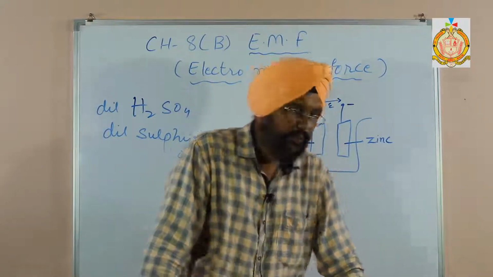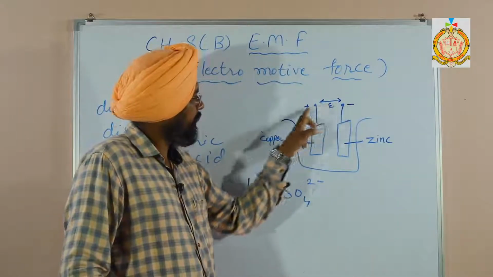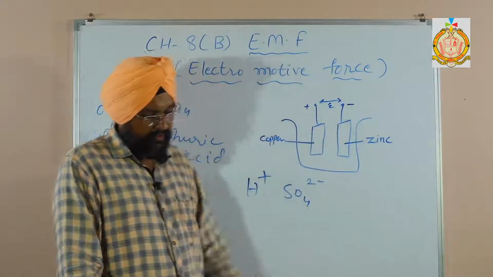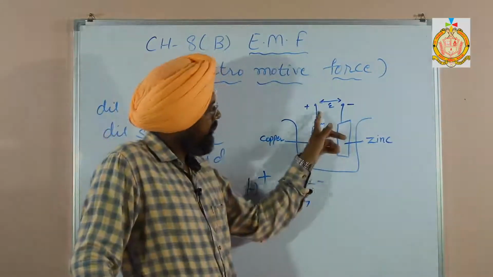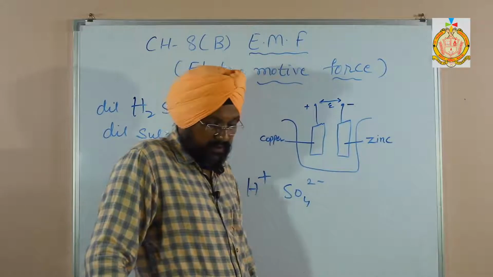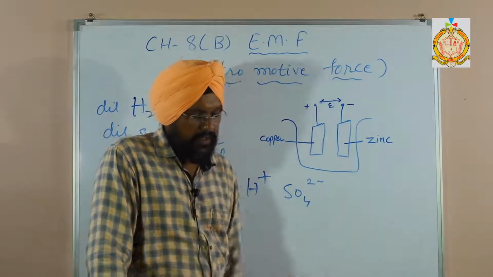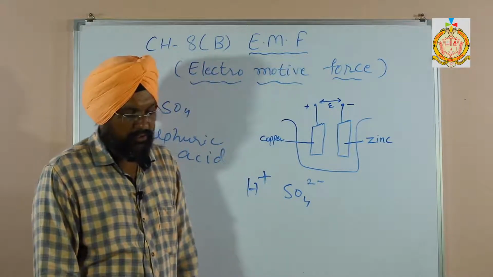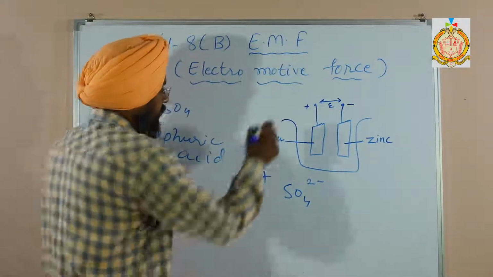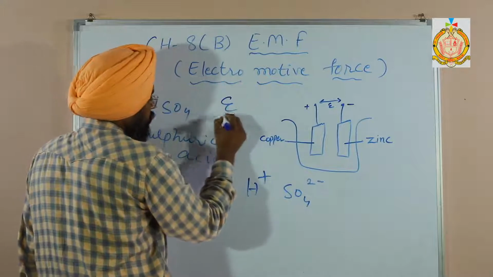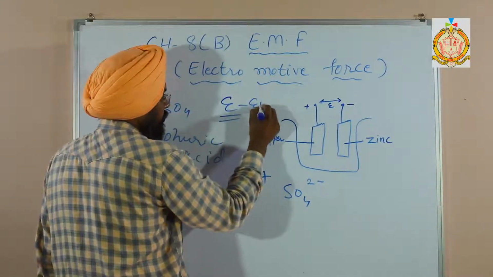Then the potential difference between the terminals is called the electromotive force. The EMF of the cell is generally denoted by the symbol E, or it is called epsilon.